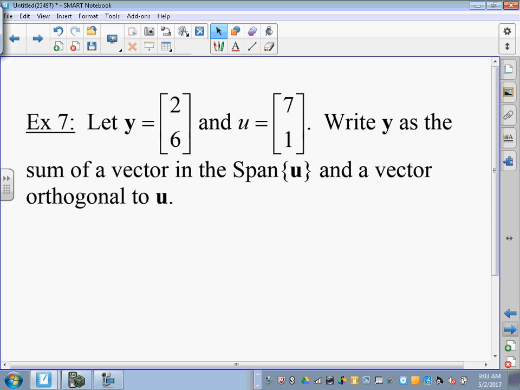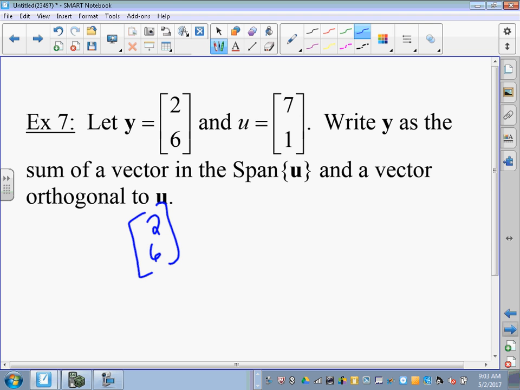Now we're going to write y as a sum of a vector in the span of u and a vector orthogonal to u. We kind of already have this, really. So what's a vector that's in the span of u?